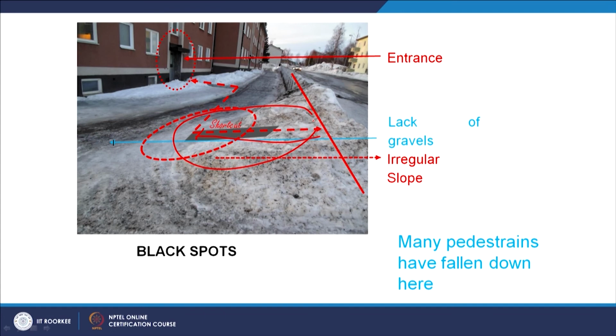Through our interviews, we identified certain black spots in the city where people have frequently fallen down, and we tried to analyze the reasons behind it through slope analysis and irregular slopes. Normally people try to cross over in this direction rather than this direction. In that way, some of the black spots have been created.